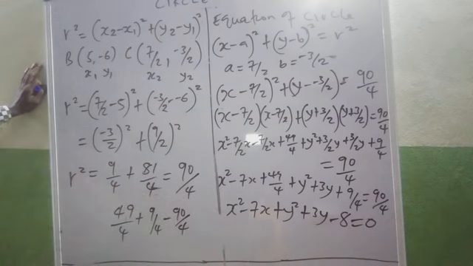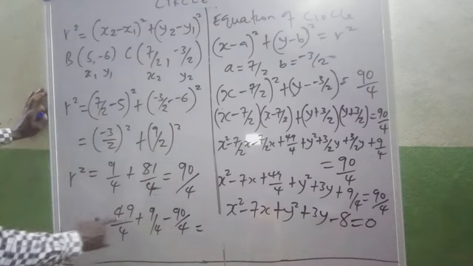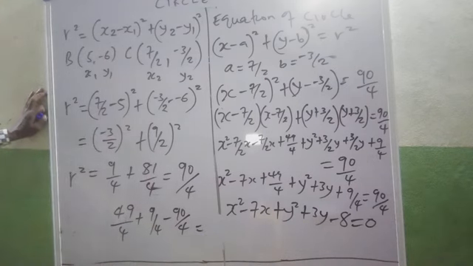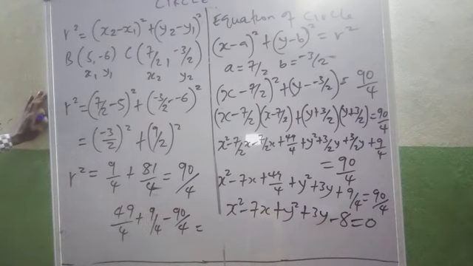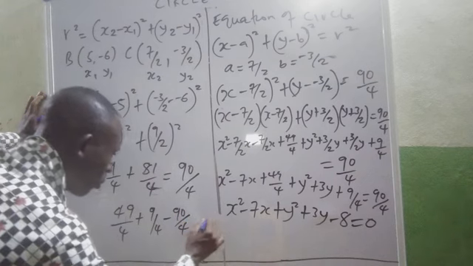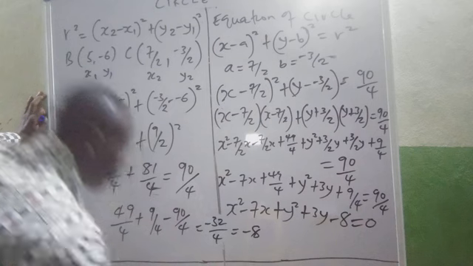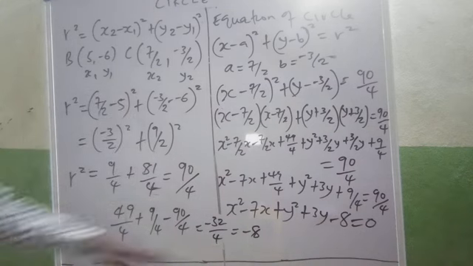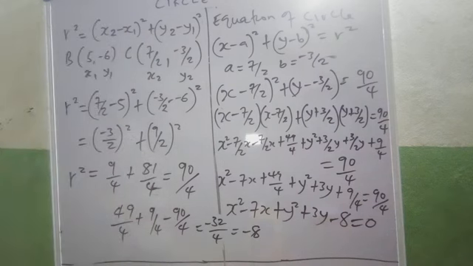That's what I'm trying to explain. So 49 plus 9 will give you 58. 58 minus 90 will give you minus 32. Minus 32 over 4. That's minus 8. So that's how we have our minus 8.